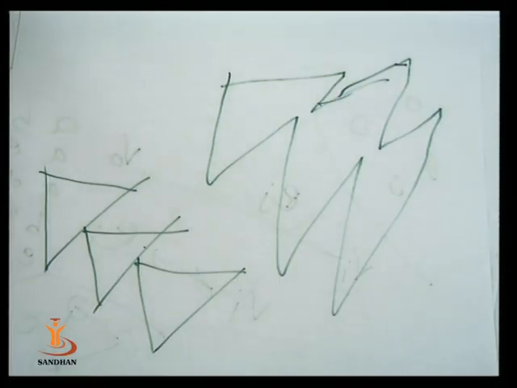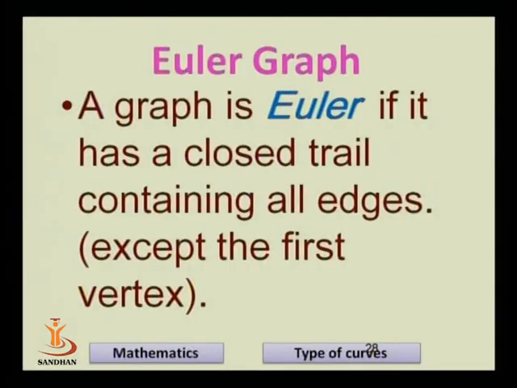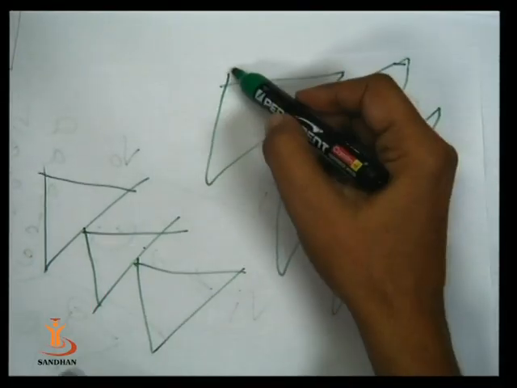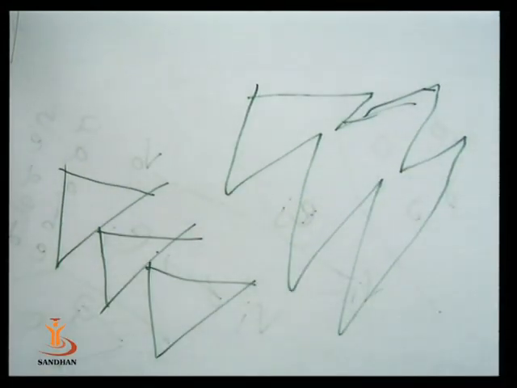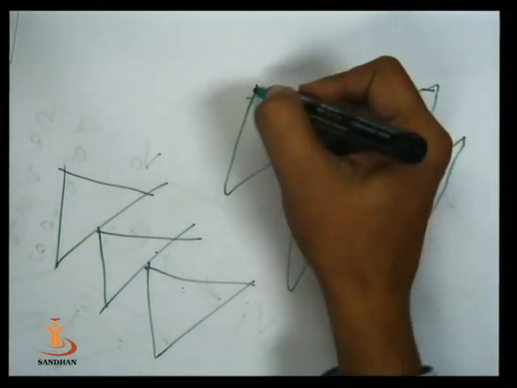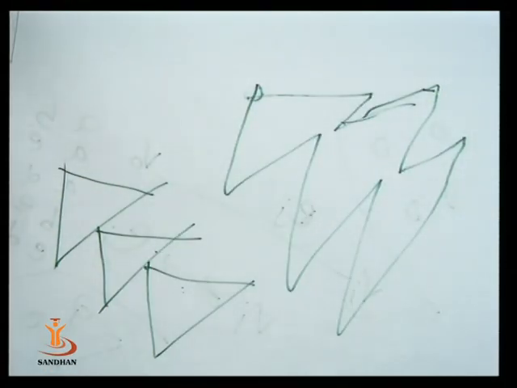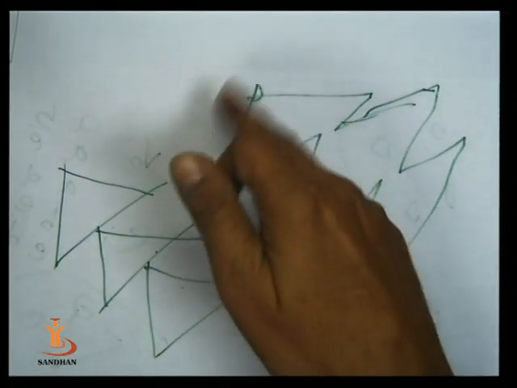This graph contains a closed trail containing all edges of the given graph, returning to the starting vertex. So this graph is a Euler graph.